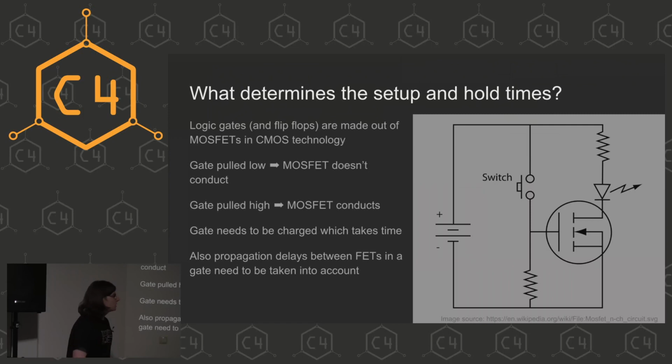The setup time, for example, is that you need some time to charge up all the gates of the MOSFETs in such a D flip-flop or wherever else, and the hold time is that all this stuff needs to propagate through this logic gate or the flip-flop until the signal really is stable on the output again.